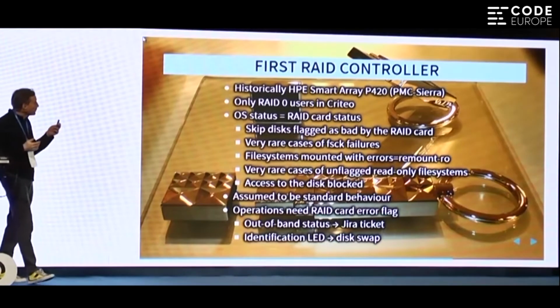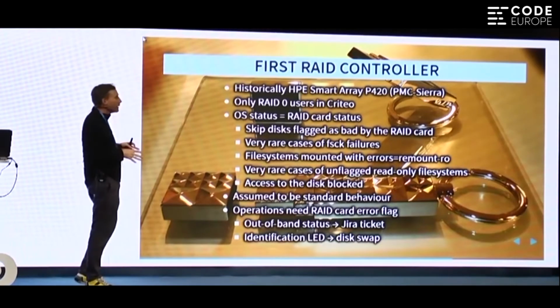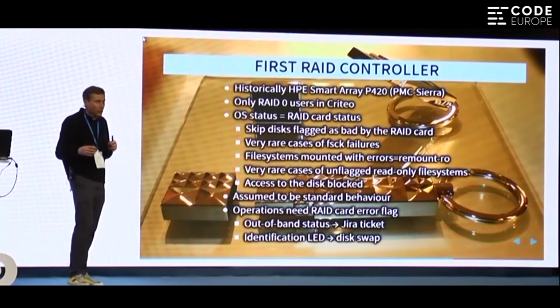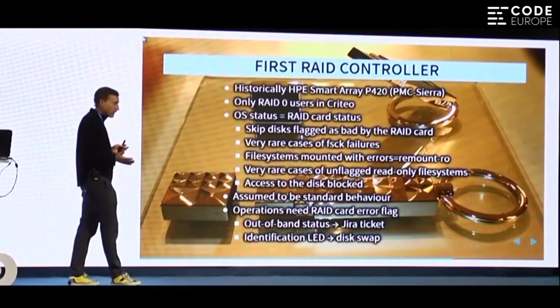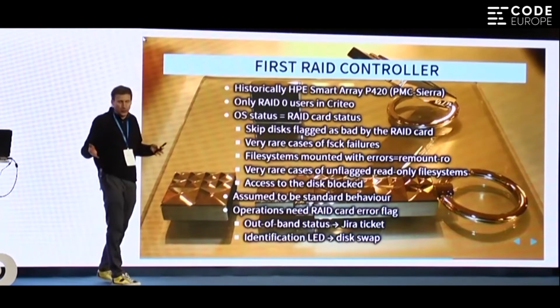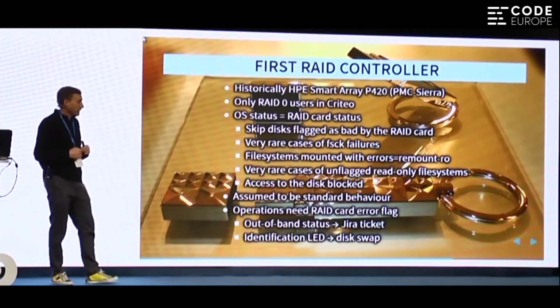What we had with this RAID card is the status of the disk seen by the operating system would almost always match the status of the disk as seen by the RAID card. So if a disk fails, the OS and the RAID card would both agree that the disk has failed at about the same time. And then the RAID card would block any access to the disk.